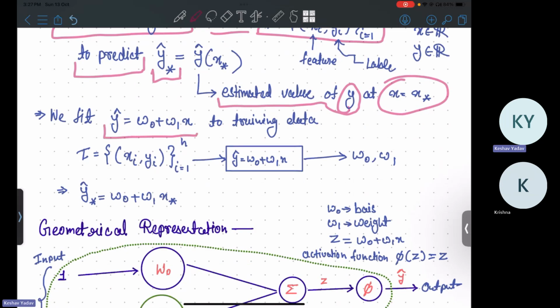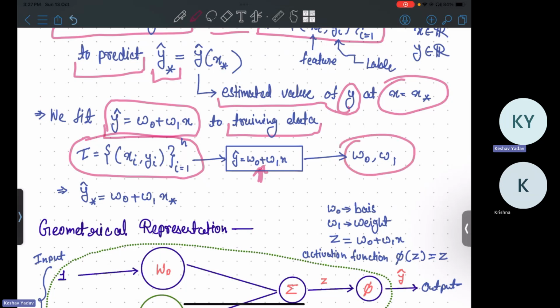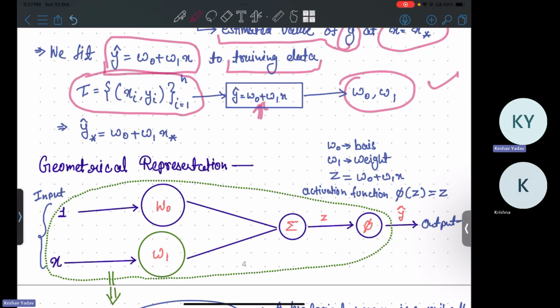We fit a curve y hat equal to w0 plus w1 x to the training data. This is our model. Now we give the input and find the outputs W0 and W1. Once we get W0 and W1, we find y hat star at x star, which will be equal to W0 plus W1 x star.